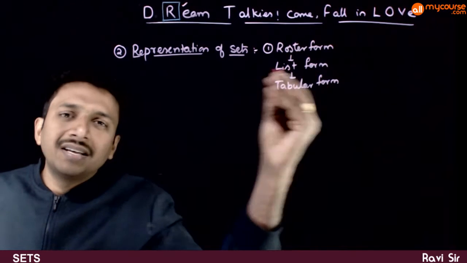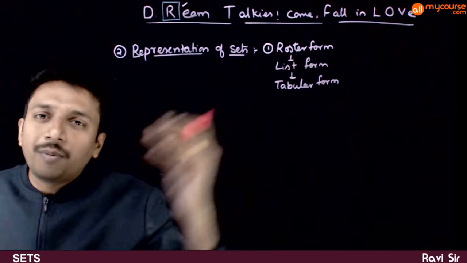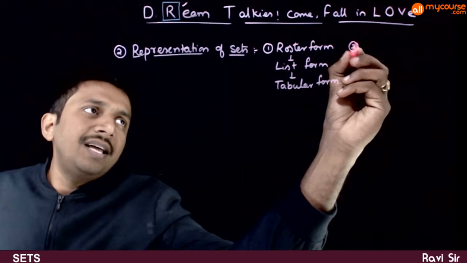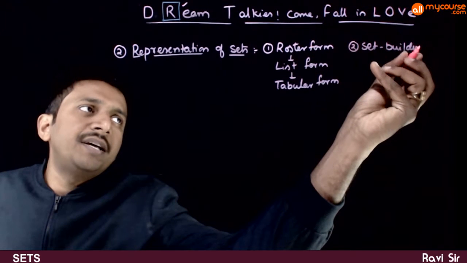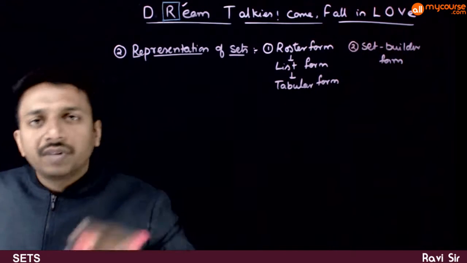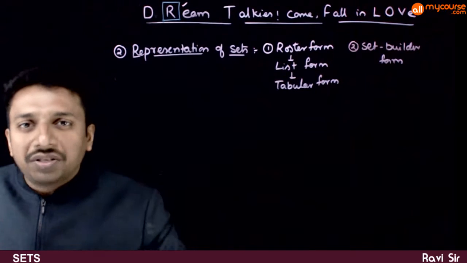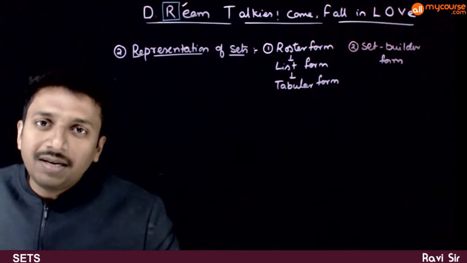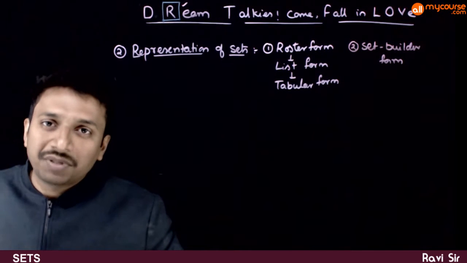So all these are different ways of saying the same thing. So roster form, list form or tabular form. And the second is set builder form. So sets are usually represented in two ways, roster form and set builder form. So let us see what these forms are.